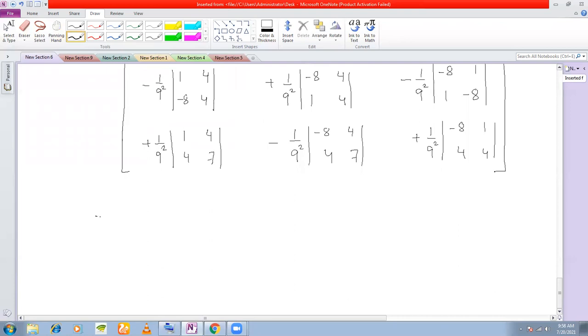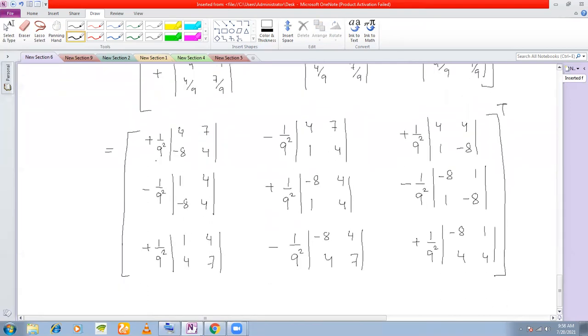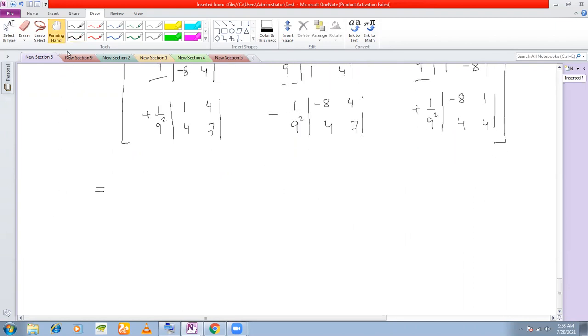So now what can I do? What I can do is, if you see, this scalar is multiplied by the entire matrix, right? 1 by 9 square. So you can take 1 by 9 square out from this matrix. So what will you get? You get is equal to 1 by 9 square times all this.